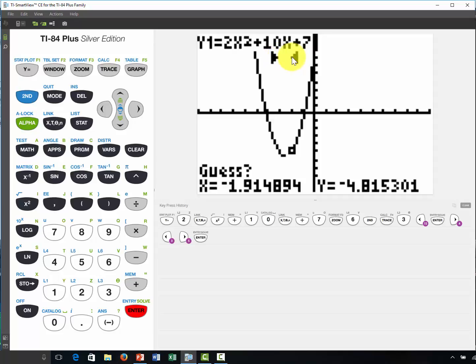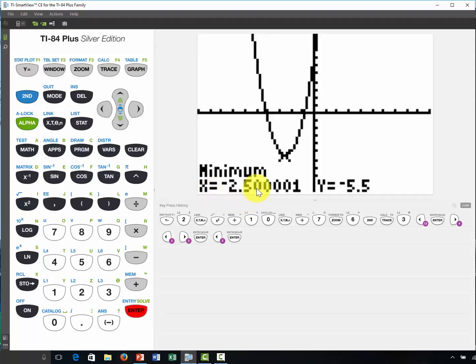They're telling me it's only looking in between these two spots, and it's wanting a guess. So I'm guessing about negative 2.55, hit enter. And the calculator is returning negative 2.500001. The y value is negative 5.5.